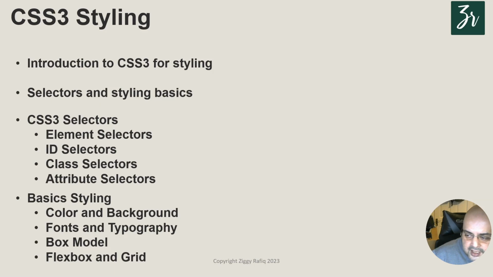Box model: understanding the box model is the foundation of CSS3. Adjusting margin, borders, padding, and width can significantly impact the overall design. Flexbox and Grid: we'll explore layout options with Flexbox and Grid. These powerful CSS features provide a flexible and responsive way to structure our form.